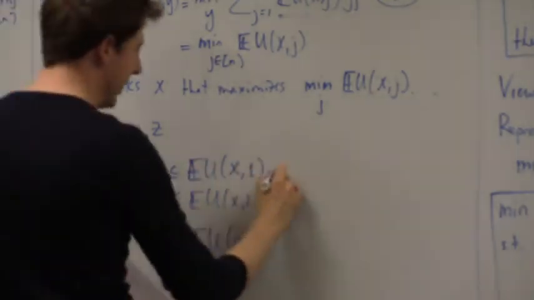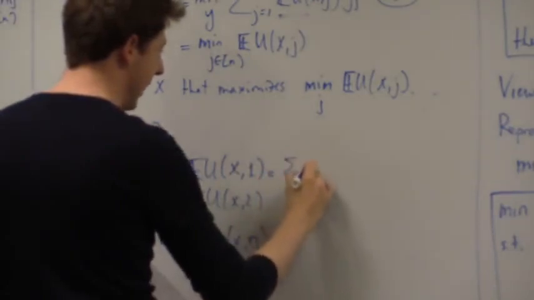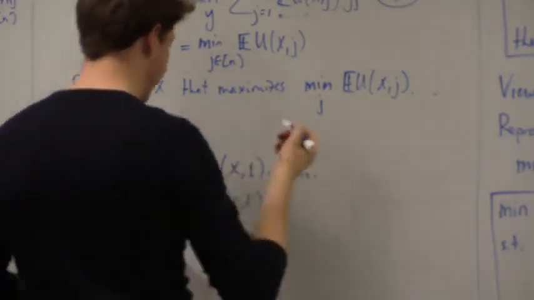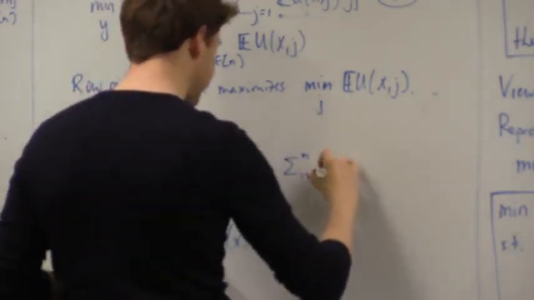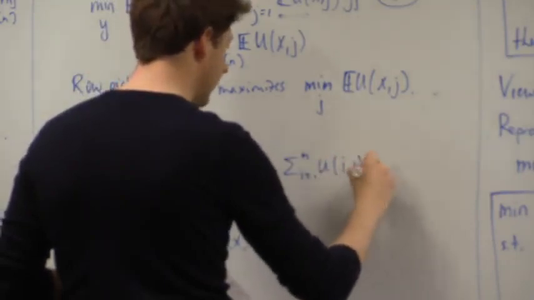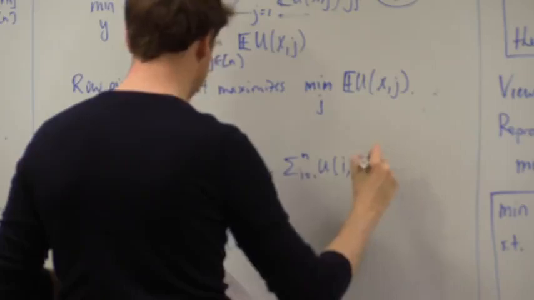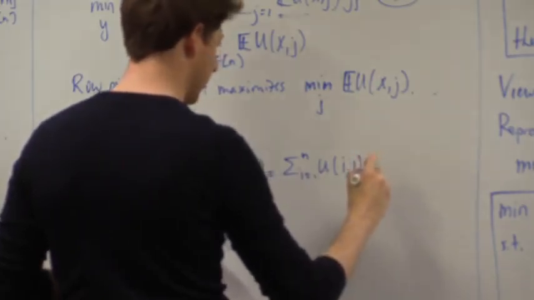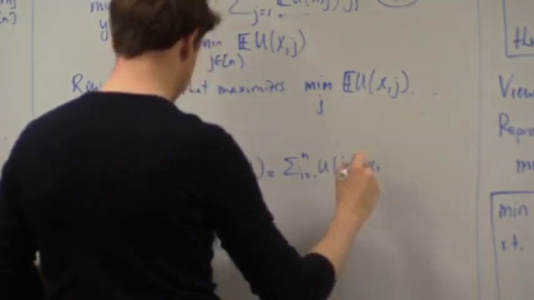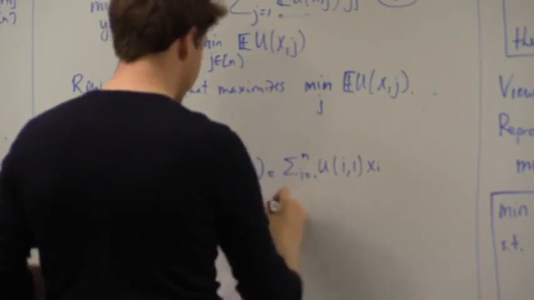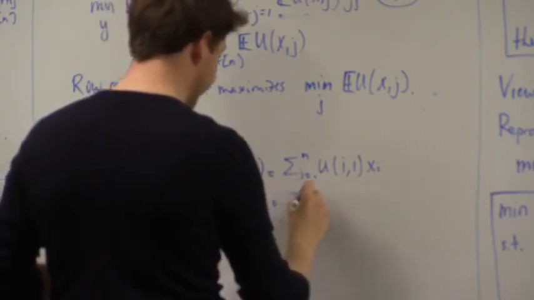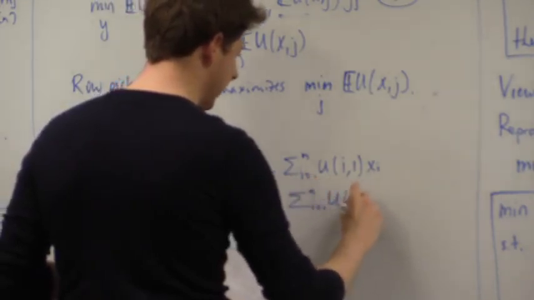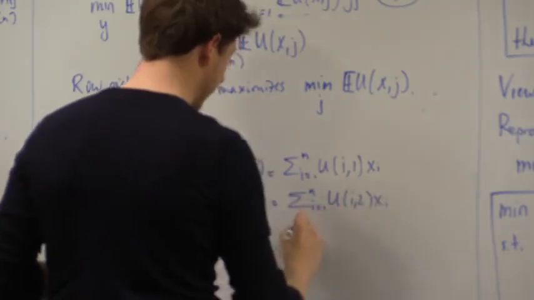Okay, so I can write it out. That is a sum from i equals 1 to n of u i1 xi, and this is the sum from i equals 1 to n of u i2 xi, and so on and so forth, right?